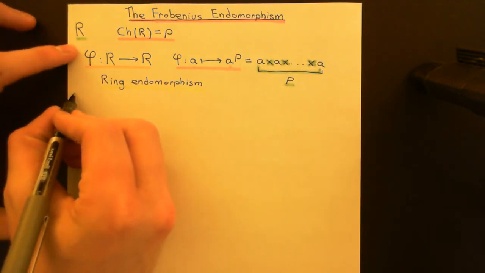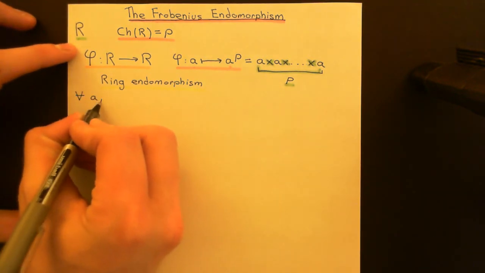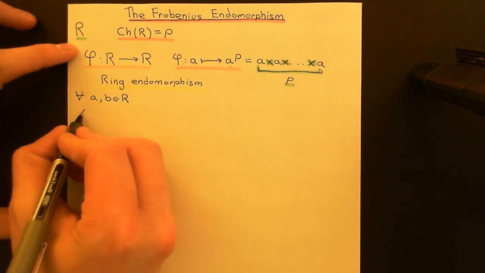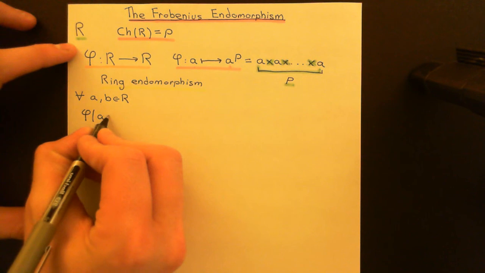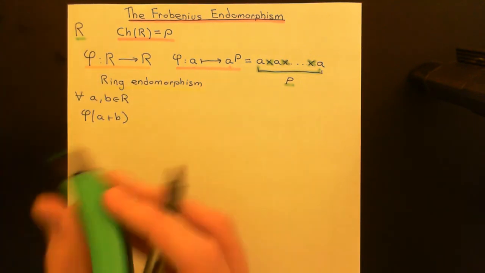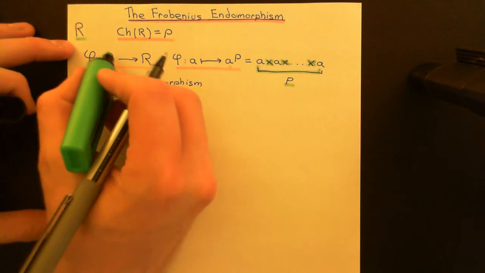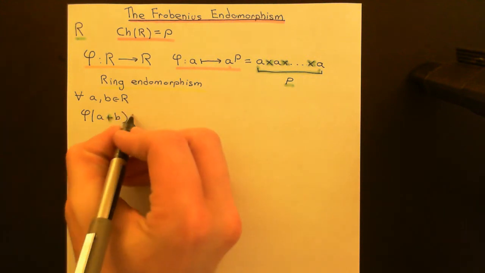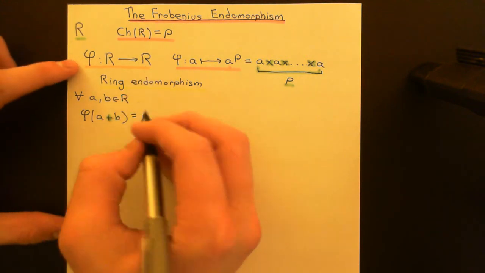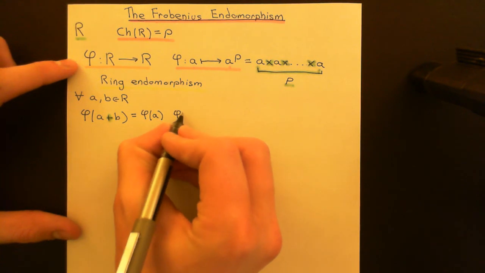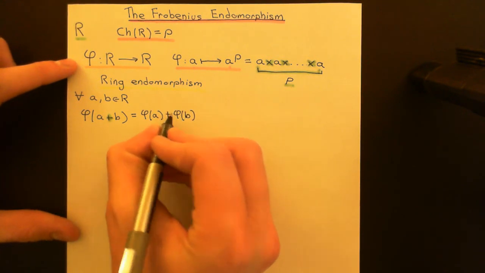We want to prove that for all, let's say, A and B that you can possibly dream up from the ring capital R, if you take phi of A plus B, where you've added them together in the ring capital R, okay, so you add A and B together in the domain, and then take phi of the answer, so you add first and then map, that the answer that you get in the codomain is the same as if you firstly map A into the codomain and map B into the codomain and then add them together in the codomain.